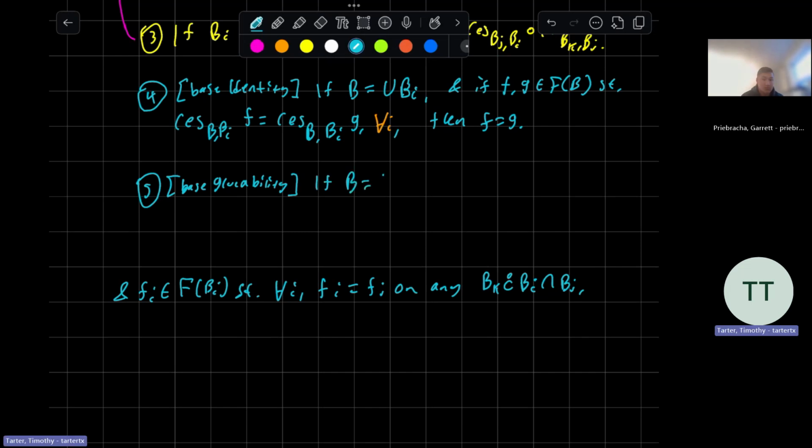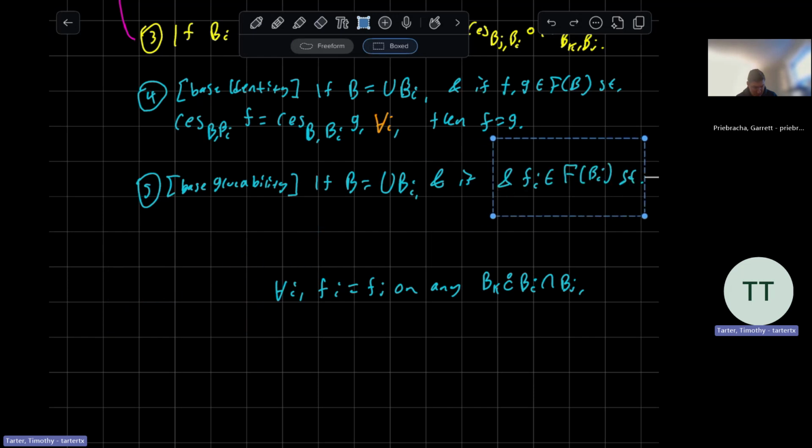But if B is equal to the union of B_i, and if F and G. Nope. Oh my gosh, I started reading the wrong one again. And if. And now the rest of this definition can carry over.